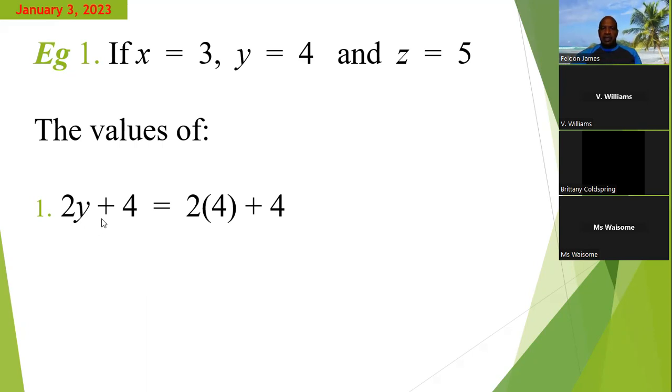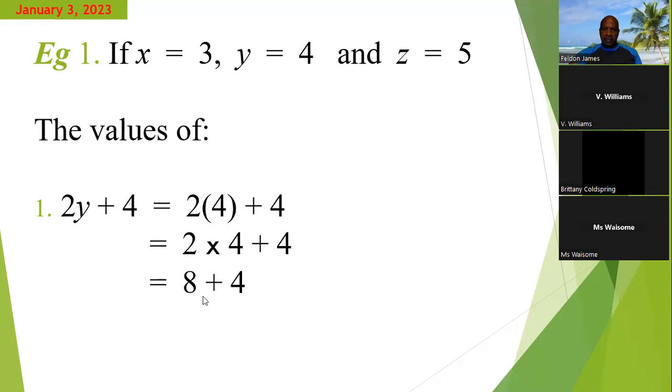So in this expression, we'd have to replace the y with 4. And then we know 2 brackets 4 is the same as 2 times 4. We carry out the same BEDMAS operation, following that sequence in order to get the answer correct. So we work out multiplication before we do addition and subtraction.